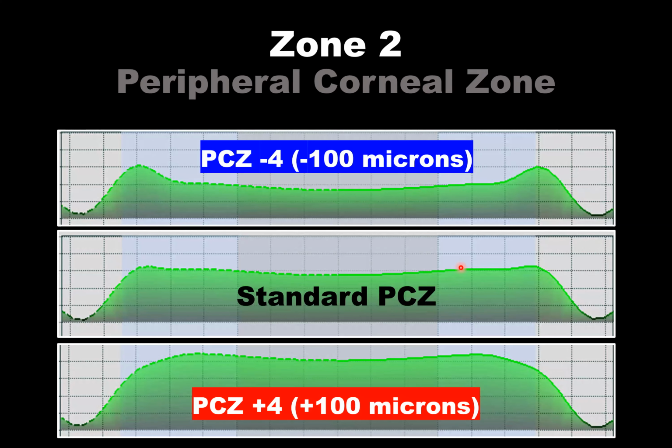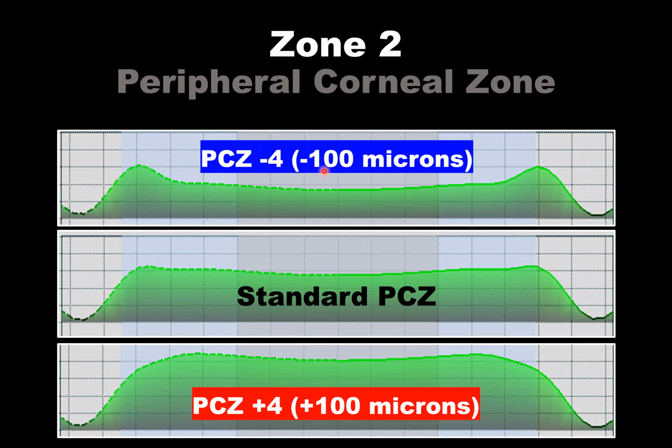But the way you can use this zone to your advantage when you want to change sagittal depth is by increasing or decreasing the zone 2 value. So for instance, if I want to decrease the apical clearance, I can make zone 2 minus 4 steps. 4 times 25 equals 100 microns of sagittal change.